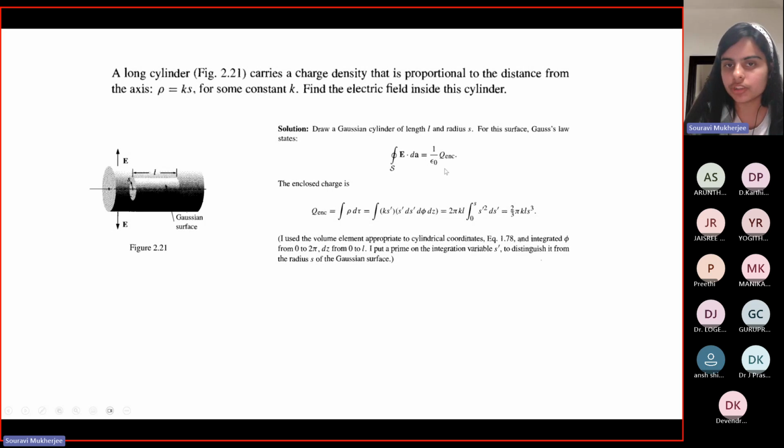And then if you want to use Gauss's law, you know how the volume element for this cylinder will look like, right? It's s ds d phi dz, right? And then you know what is your charge density. So use that. So that gives you an expression for the charge that is enclosed within this smaller cylinder that you have considered inside the given cylinder.